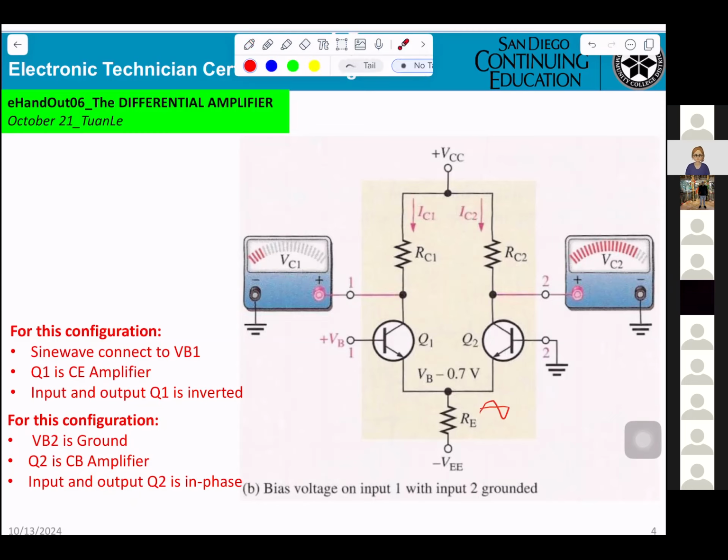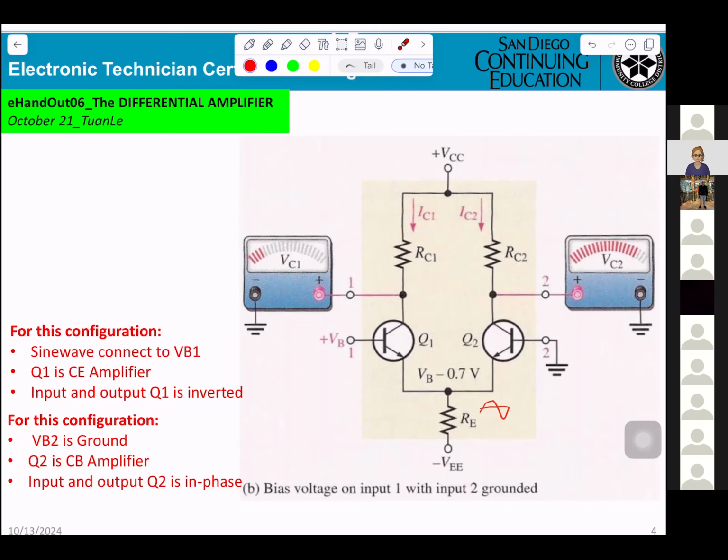What's a CB amplifier? Remember, in a CB amplifier the input is applied to the emitter and output from the collector.